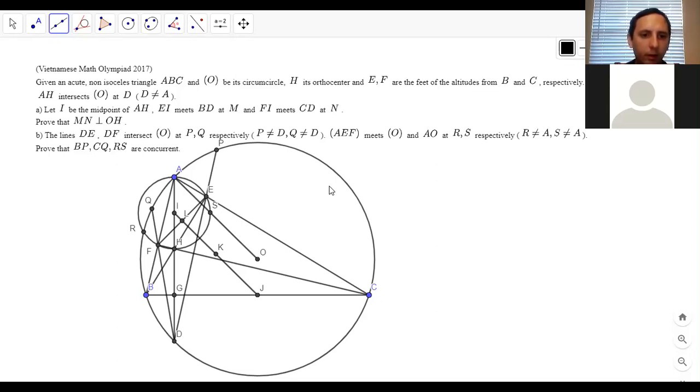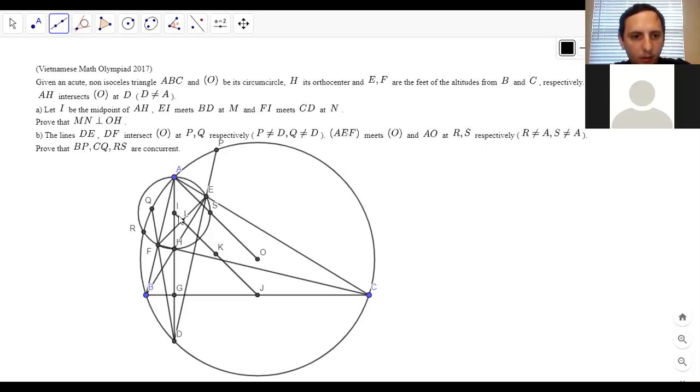Could we do an inversion about A? I think inversion makes it easier. What's the right thing to invert about? Invert with radius AH about A, right?